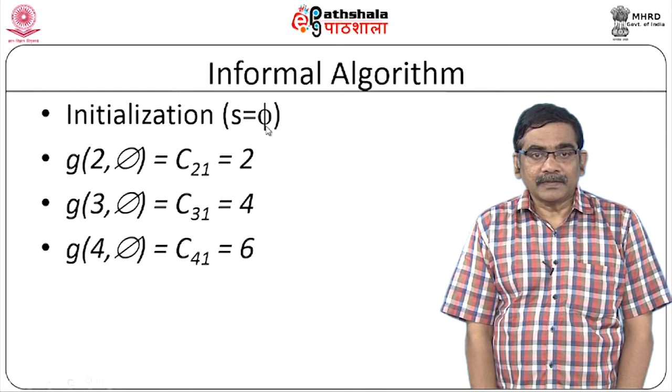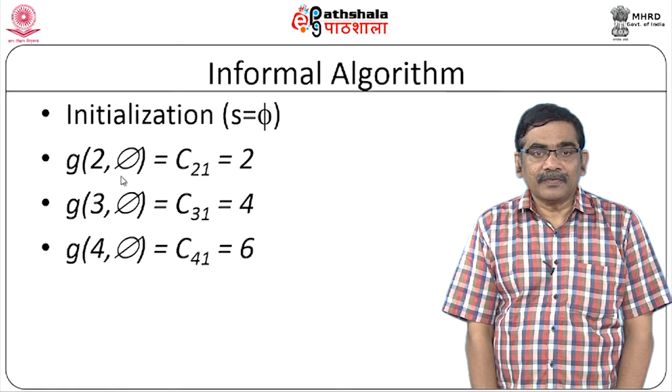So, initially it is going to be null. So, my function g of 2 comma null, that means the cost of reaching the home city 1 from 2, reduces to c 2 1. So, it is going to be 2.